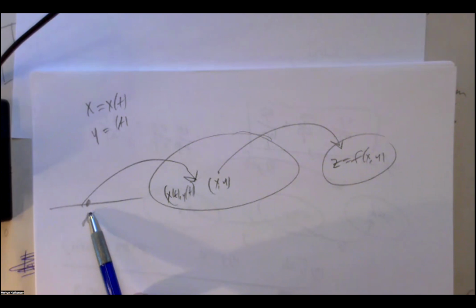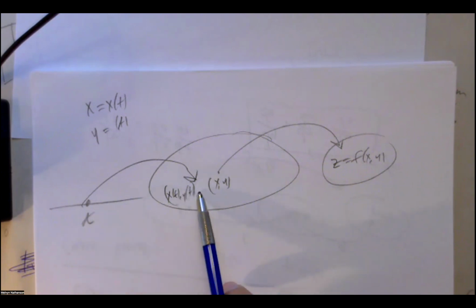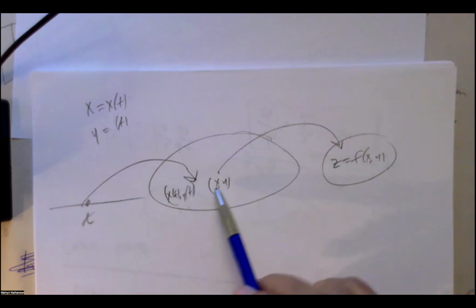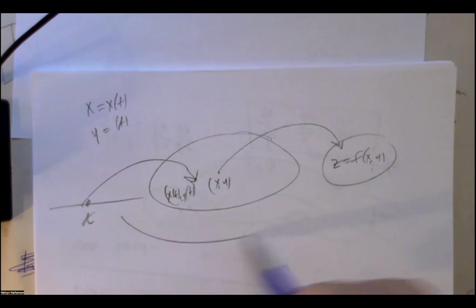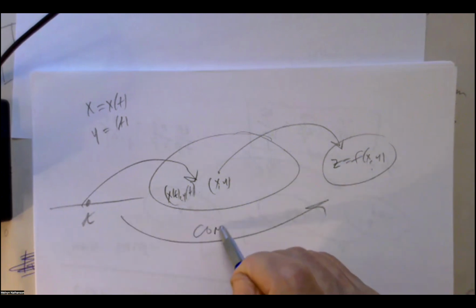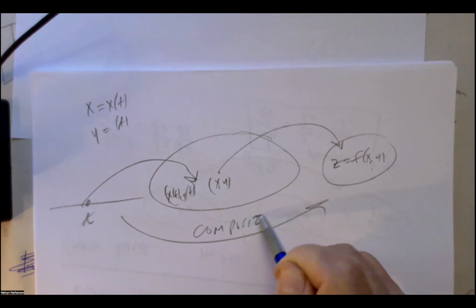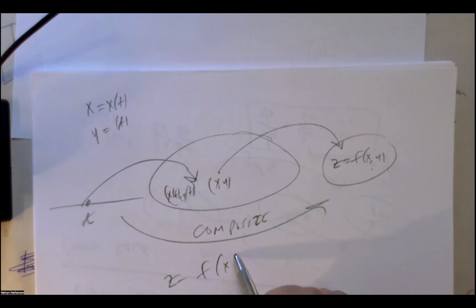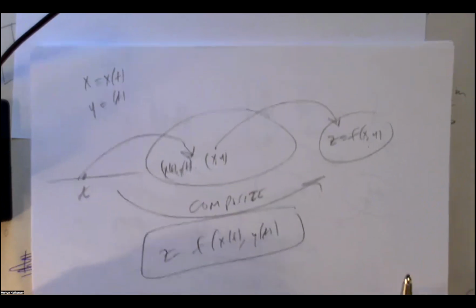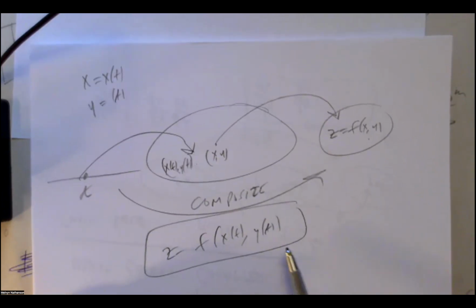And then if you take t and it goes to this point in the plane, and then f sends a point in the plane to a number z, we have this composite function, which is z is a function f of x of t comma y of t, right? And this is a complicated function, but it's a function of just one variable. You start with a number t, and you end up with a number z.